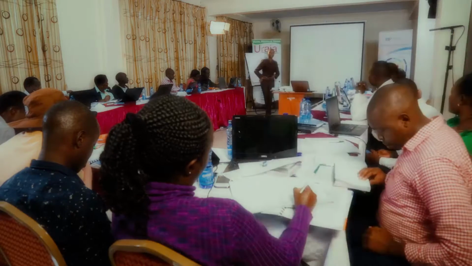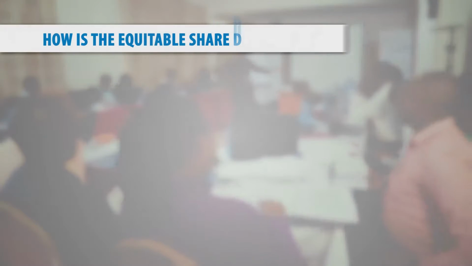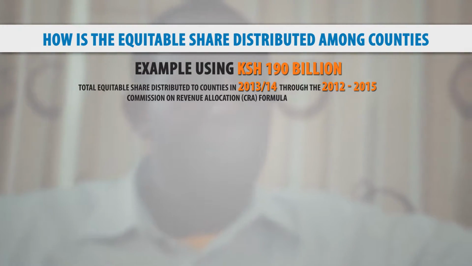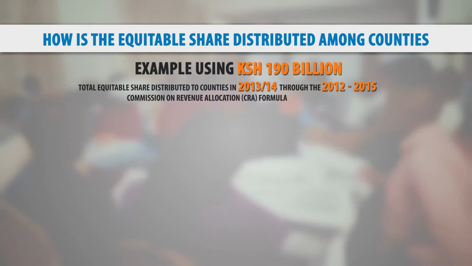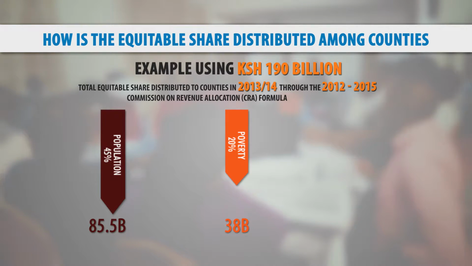Does anyone know how CRA has recommended to divide revenues across our country? One of the parameters is poverty. What about poverty? Poverty index. What other parameter, Murgo? Population.